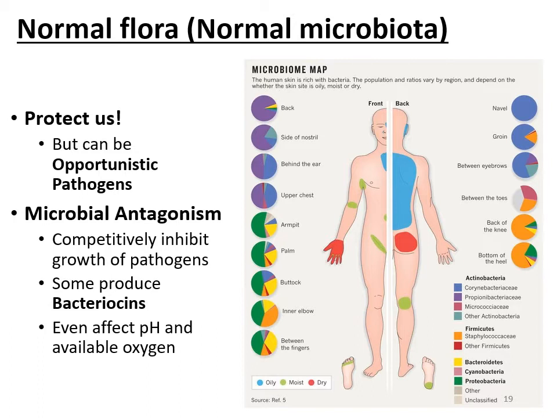So this last bullet point is pointing out that normal flora do things like affect pH, because think about it, I know you don't want to, but they are technically excreting all over your body. So you have basically the bacteria version of urine and poop all over you. That will change the pH of that location.